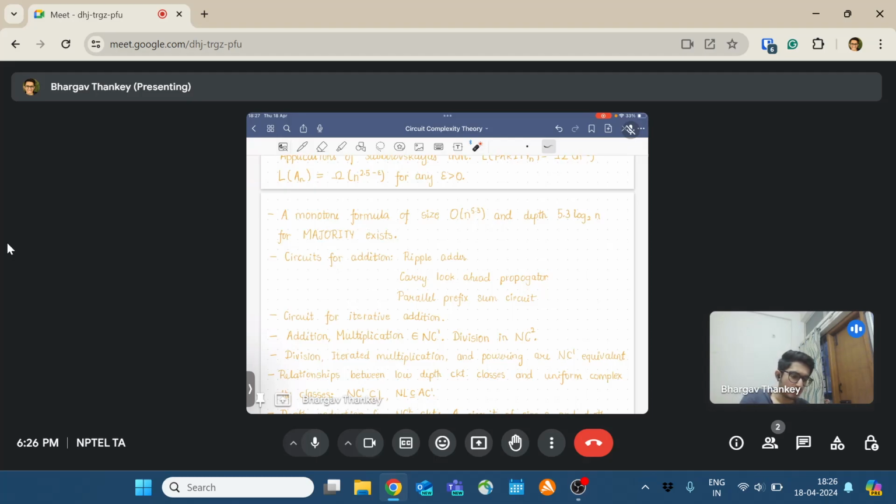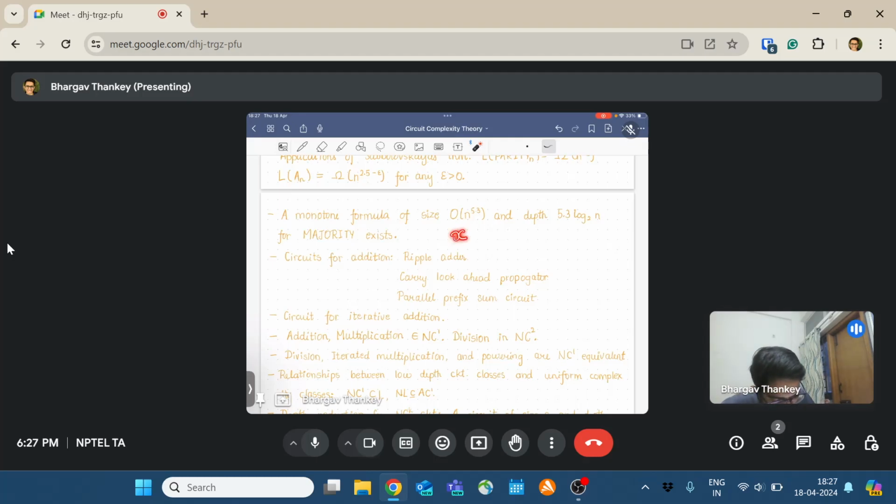We also saw in the problem solving sessions that there is a one-to-one correspondence between monotone formulas, monotone circuits, and monotone functions. A Boolean function is monotone if and only if f of x is greater than or equal to f of y whenever x is greater than or equal to y.